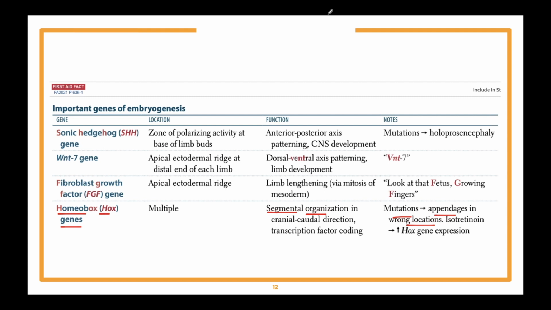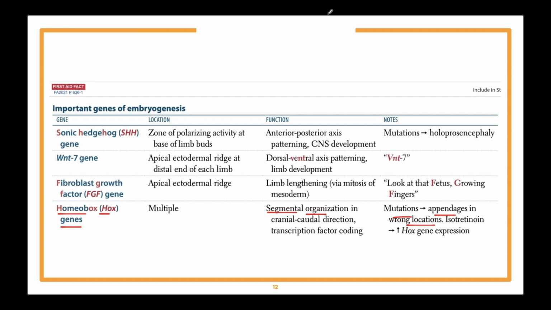So when we talk about the body developing in a dorsal-ventral manner, and how the limbs develop in correlation to that, that's more what that gene does. And then you can see there also the SHH, or sonic hedgehog gene, and how mutations in that gene can classically lead to holoprosencephaly. So as you can see, those are different issues than what we're dealing with.